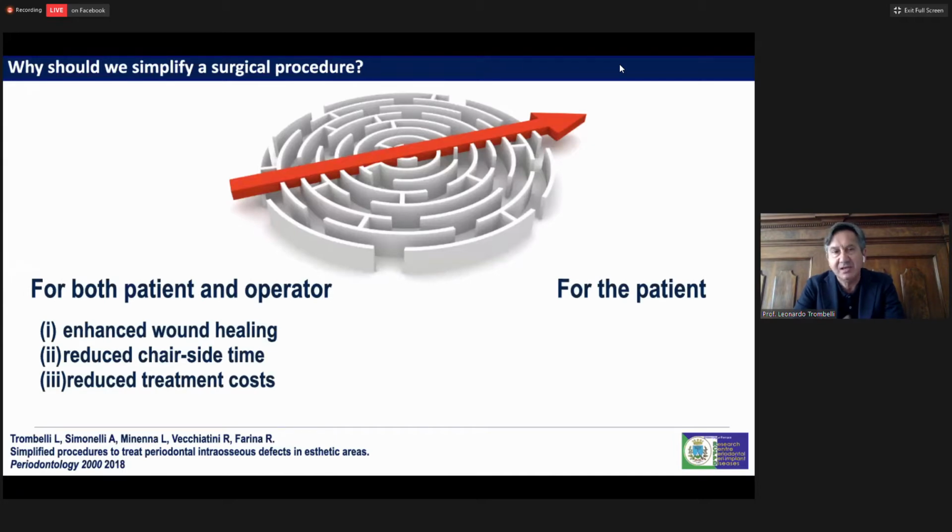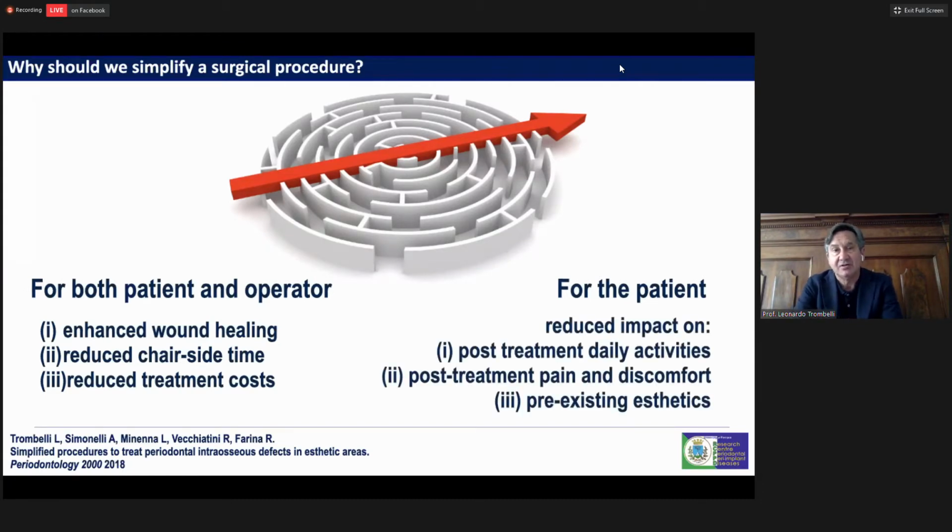As you will see, we may reduce chairside time and treatment cost. We also have advantages for the patient, because we may reduce pain and discomfort, and we also may have less impact on the pre-existing aesthetics of the patient.